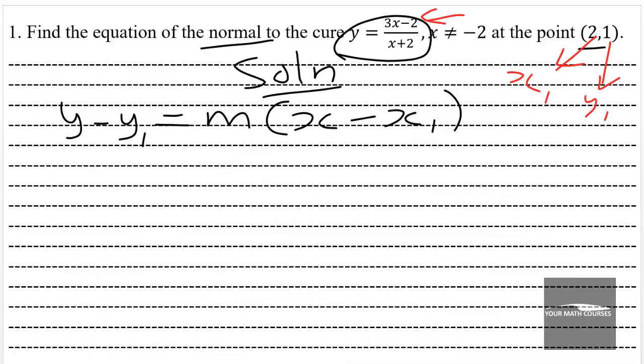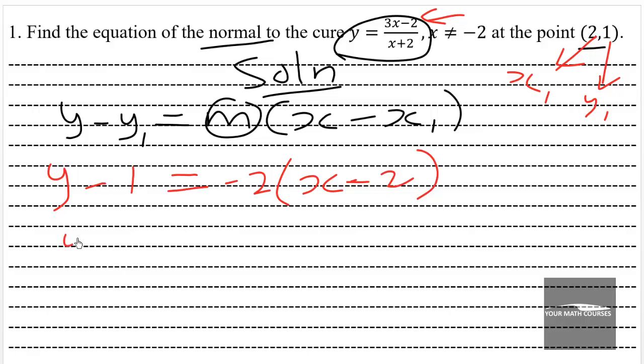Plug in negative 2 here. So we are going to get negative 2 into bracket (x minus x1). x1 is 2. Then we have y minus y1. y1 is 1.